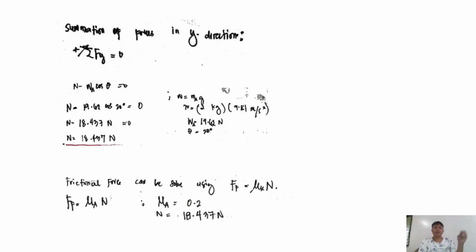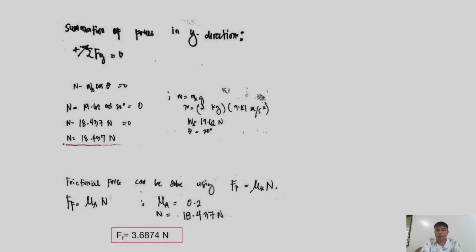Now, the frictional force can be solved as the frictional force equal to mu k times the normal force. Since mu k at block A is given as 0.2, the frictional force is equal to mu k times the normal force which we calculated earlier. So now, our frictional force will be equal to 3.6874 Newton.